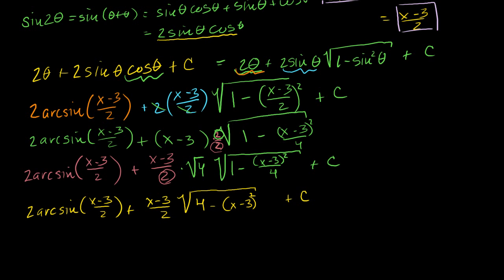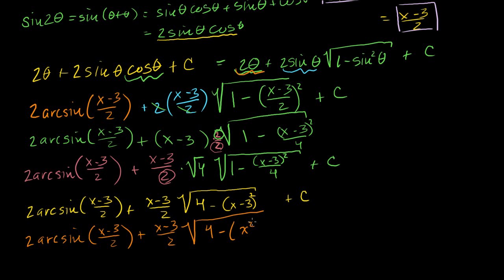And we're at the home stretch. This is equal to 2 times the arc sine of x minus 3 over 2 plus x minus 3 over 2 times the radical of 4 minus, let's expand this, x squared minus 6x plus 9.